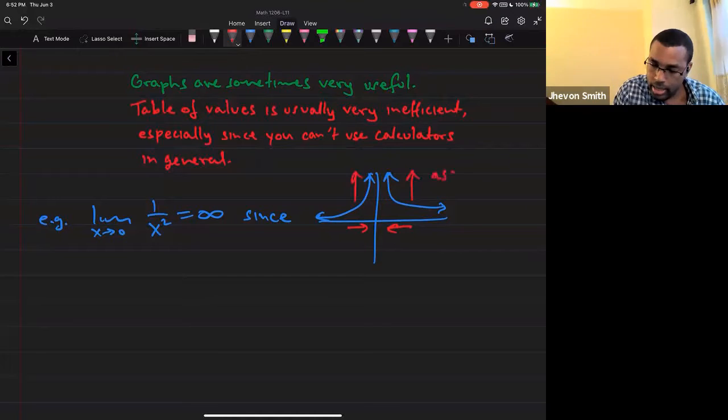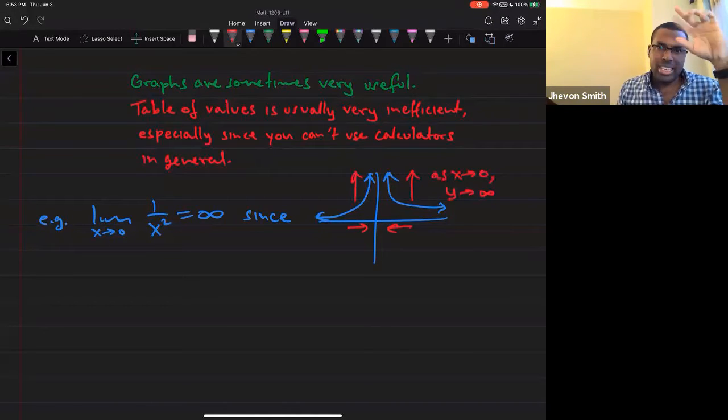So as x gets close to 0, y gets close to infinity. For this particular function, it also works to just know that the bottom is a second degree polynomial and the top is a 0 degree polynomial. But this kind of works as the inverse relationship because we're approaching 0 as opposed to infinity.